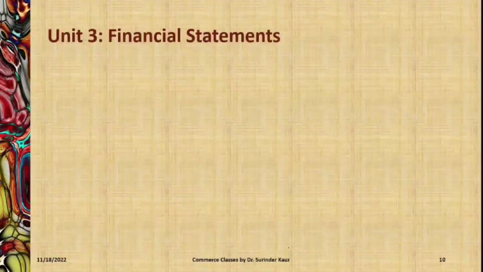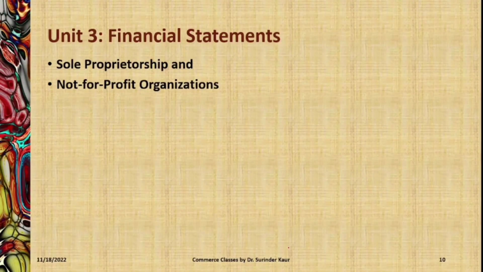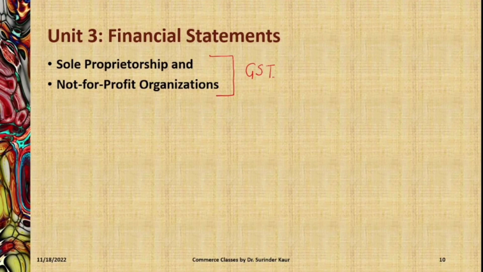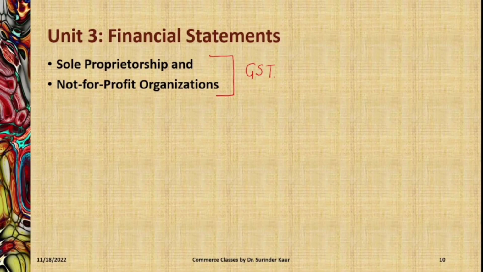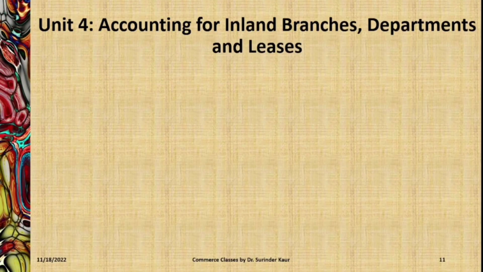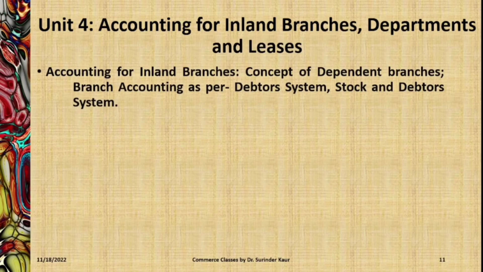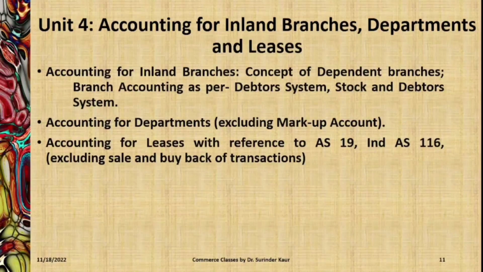Unit 3 is preparation of financial statements. This is for sole proprietorship and not-for-profit organization. Again, we will be taking up GST provisions alongside, and typical transactions are going to be very much part of the financial statements. Fourth is accounting for specific businesses, which includes inland branches, departments and lease.